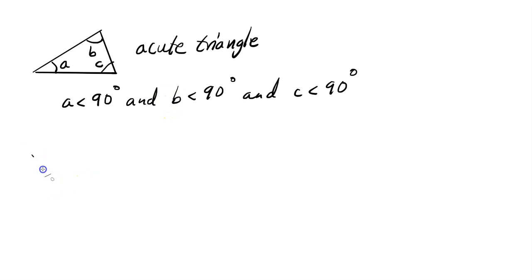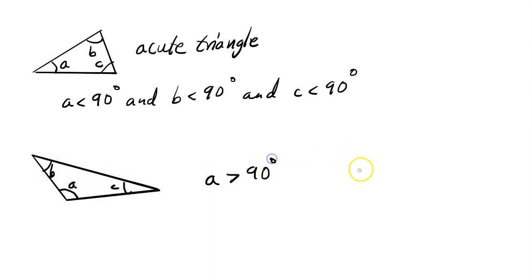If we instead had one of the angles larger than 90 degrees, so let's say that this one, A, for example, it doesn't matter if it's B or C, but let's say A is larger than 90 degrees, then we call it an obtuse triangle.